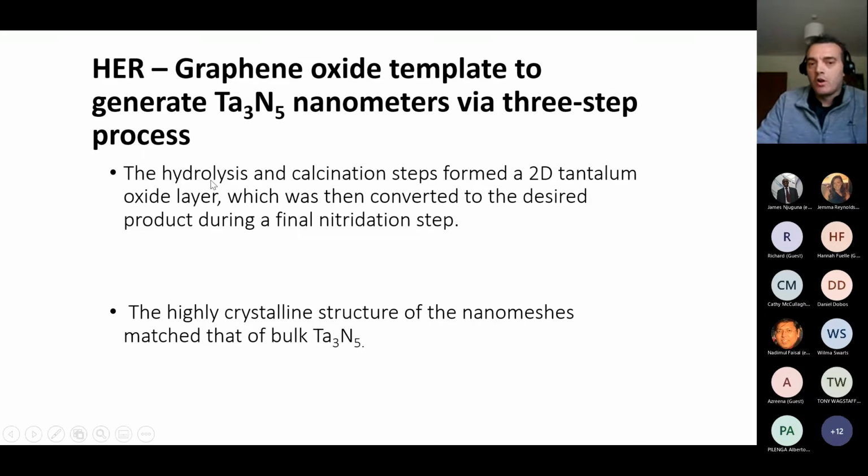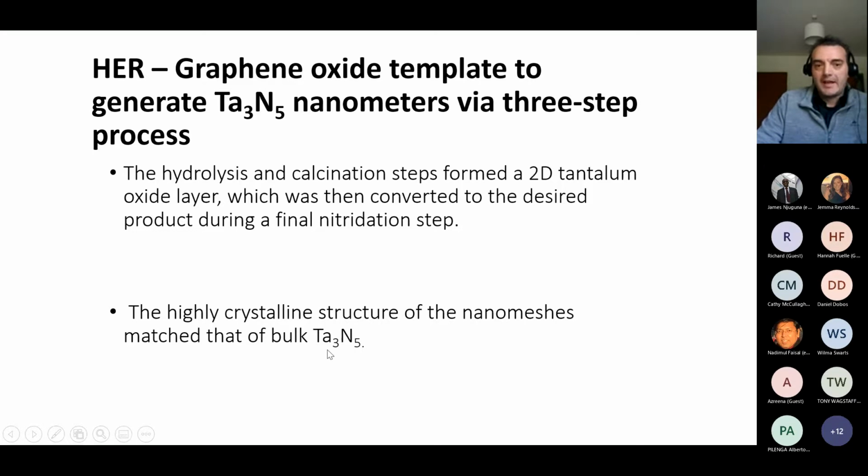They use a hydrolysis process and a calcination step to form a two-dimensional tantalum oxide layer, which they converted in a final nitridation step to form that particular compound.